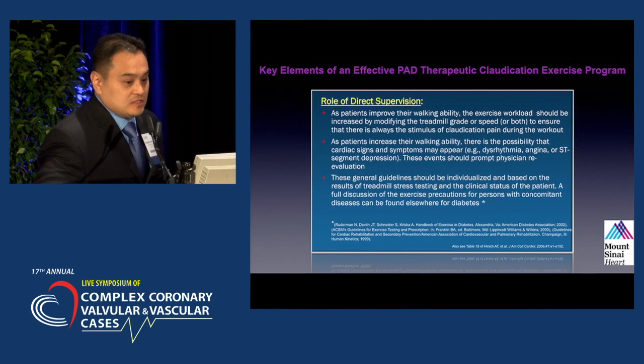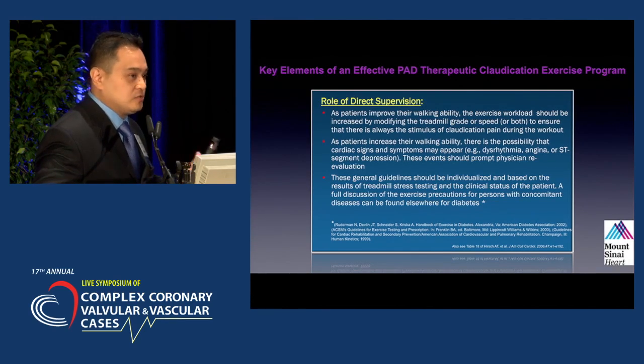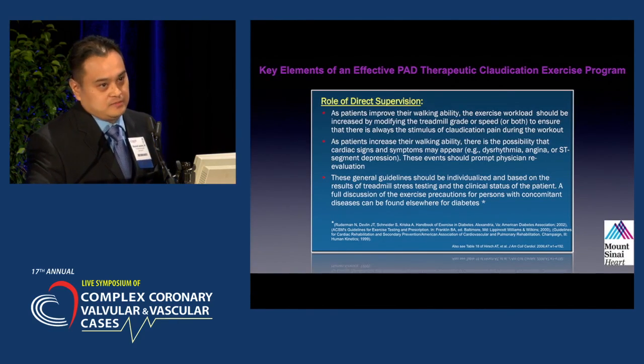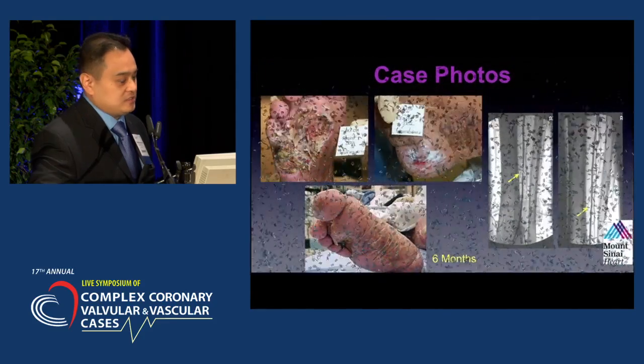Important about the exercise program is that it should be directly supervised. Patients should come to a lab or office, and we supervise them as they exercise, because if you tell patients to go and exercise, they may not do it. They'll tell you they did, but honestly they don't.